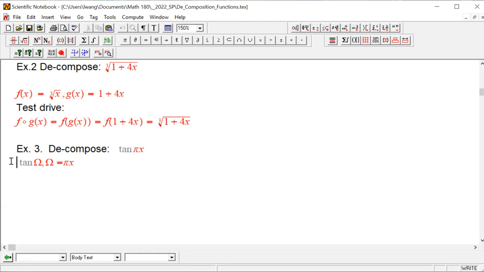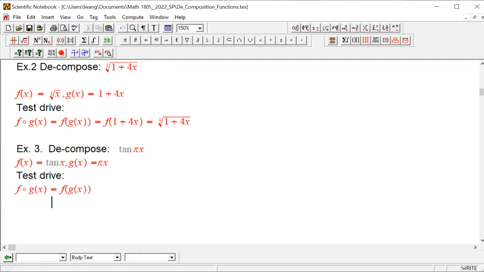So here we go. Our f of x is going to be tangent x. Our g of x is going to be pi times x. Okay, and test drive it. We're going to do f composite g.